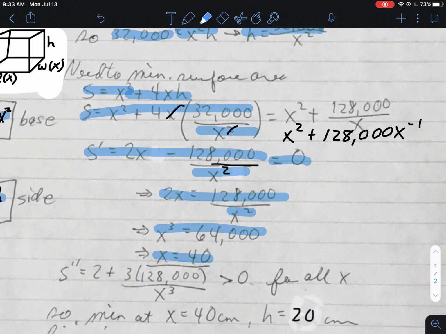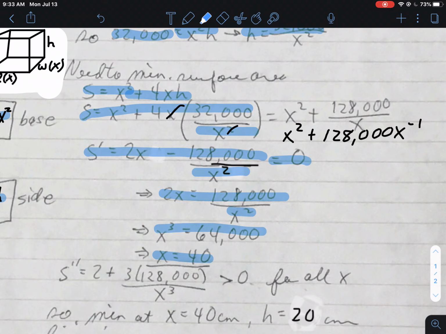Now, we were looking for the minimizing value of our surface area. So we could verify that that is the location of a minimum by looking at our second derivative.